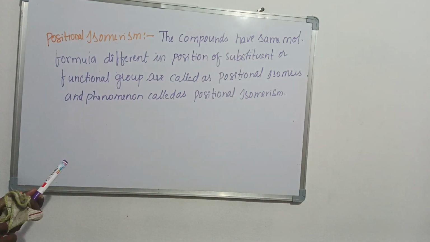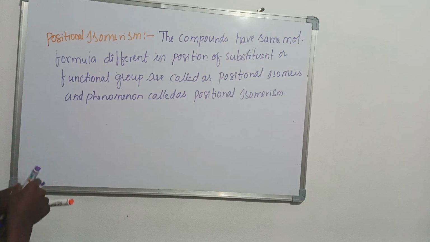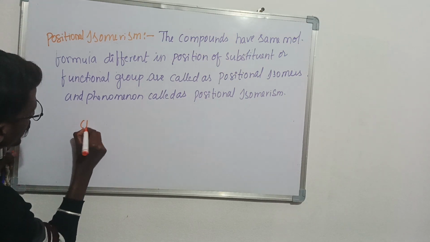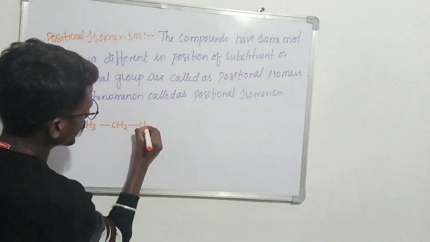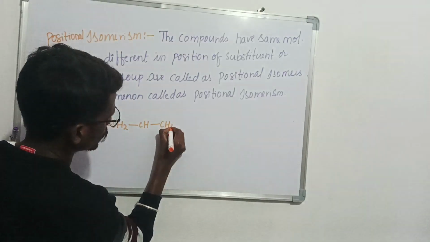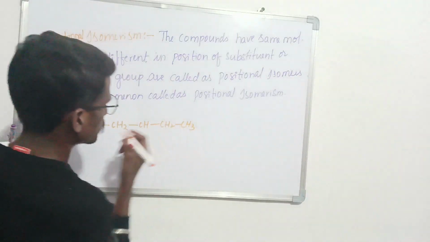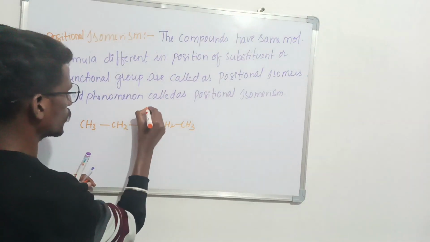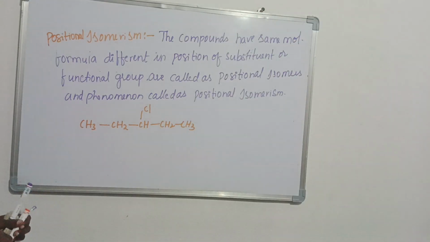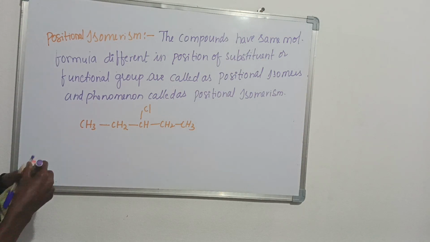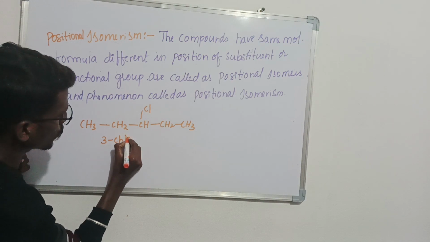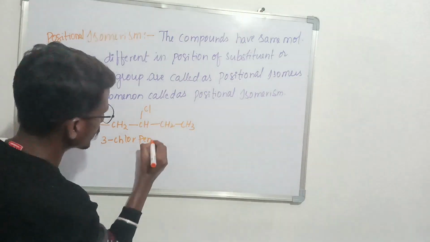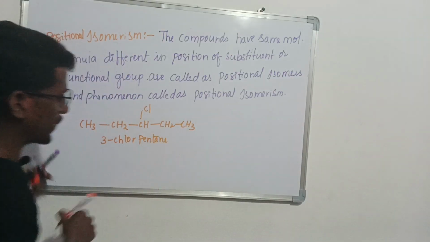So we'll see one example of positional isomerism. We will write this one: CH3, CH2, CH, CH2, CH3 with the chlorine. So this is 3-chloropentane.